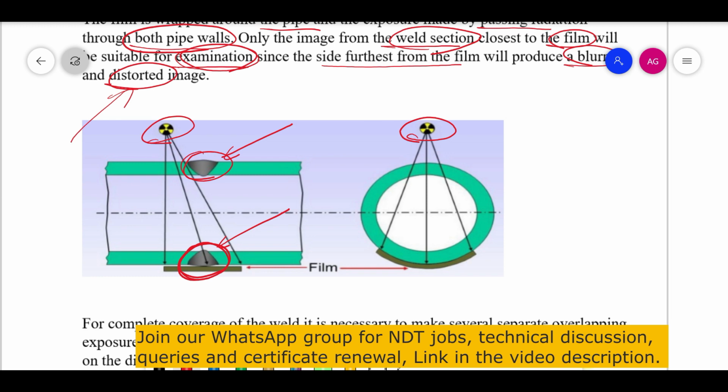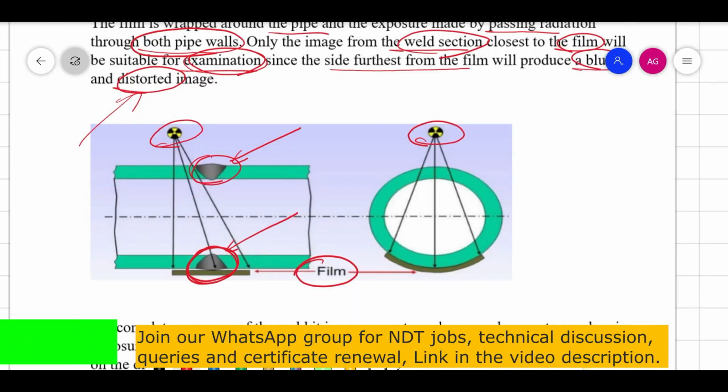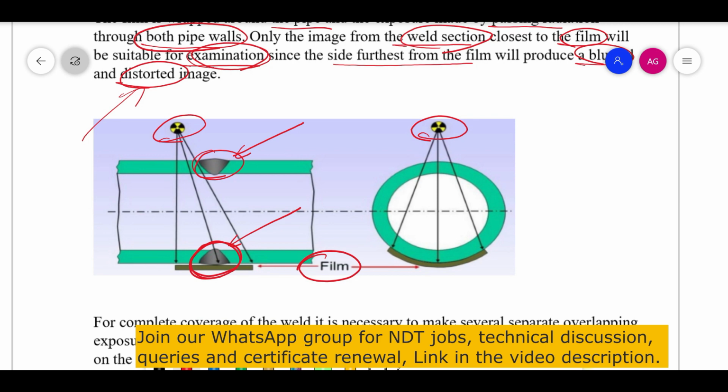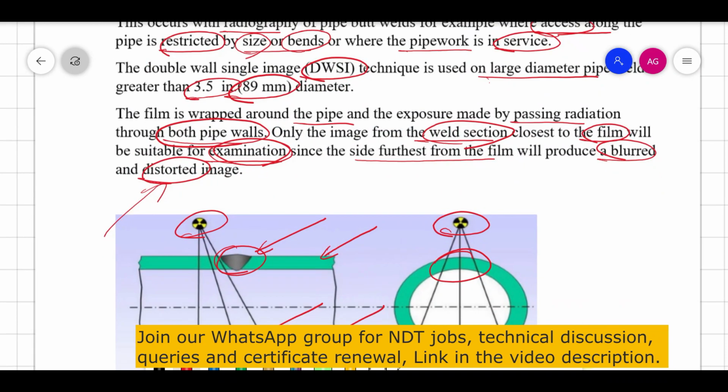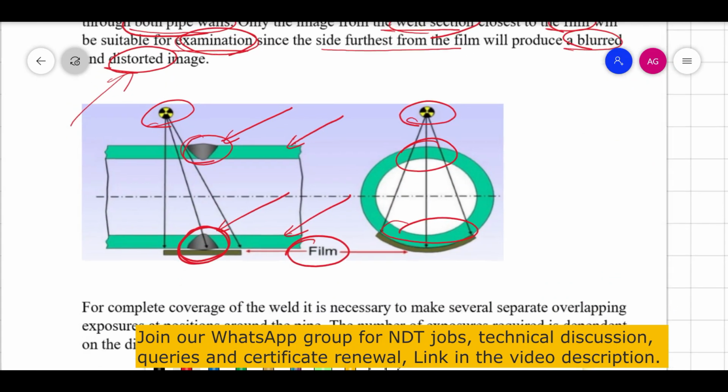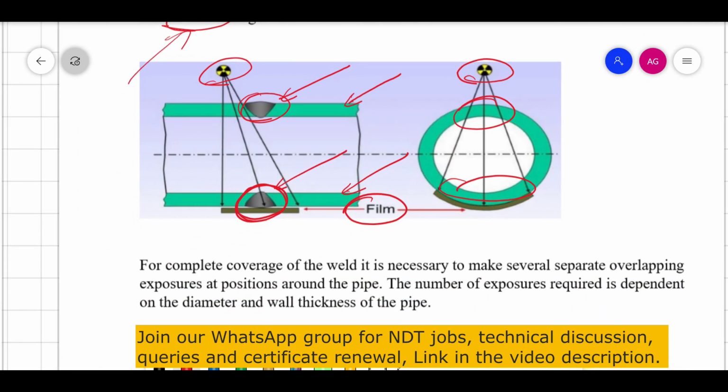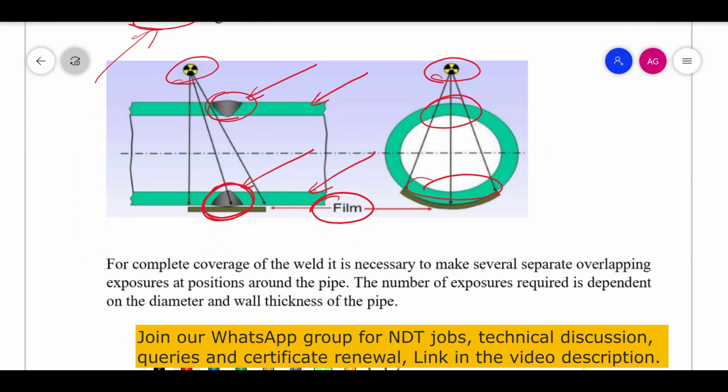So the weld closest to the film is the only one suitable for examination. This type of setup is there. You can see here the radiation is passing through both walls. Here is the first wall and here is the second wall. In the second figure, this is the first wall, this is the second wall. Radiation is passing through both walls, but we have to keep in mind that we have to examine only the second wall in the film.